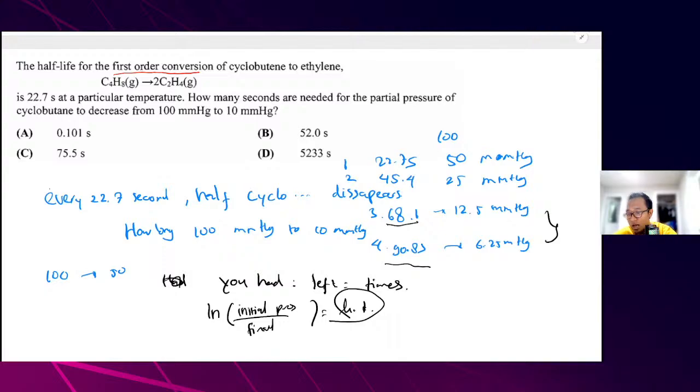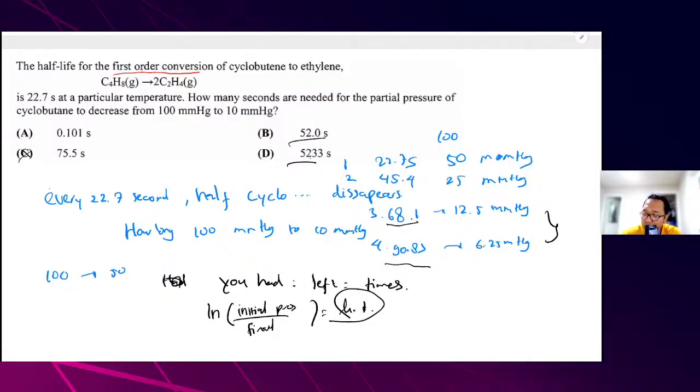Actually, based on the options, we know the answer will be C directly without any calculation. One option is beyond the fourth half-life, another is less than the third half-life, which is more than 12.5, and this one is in between 68 and 90.83.